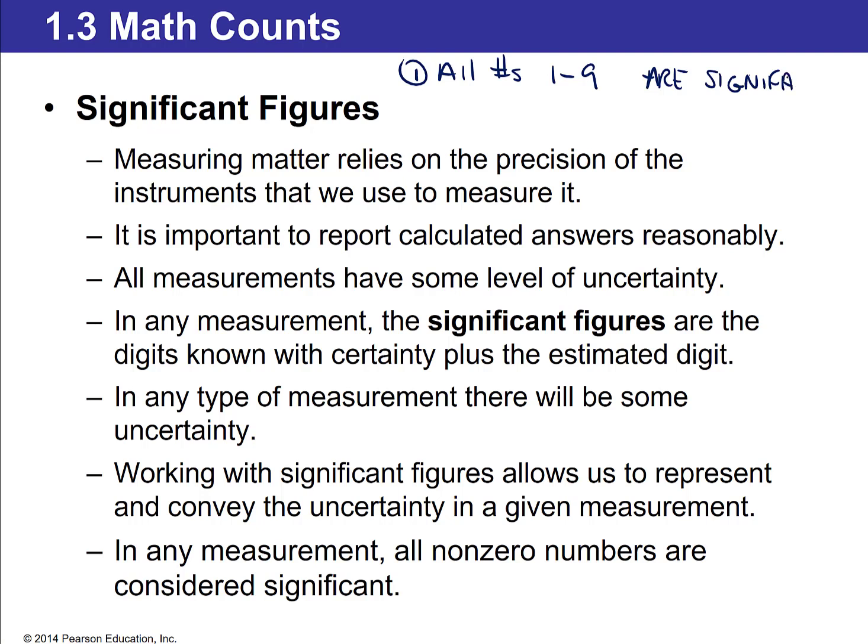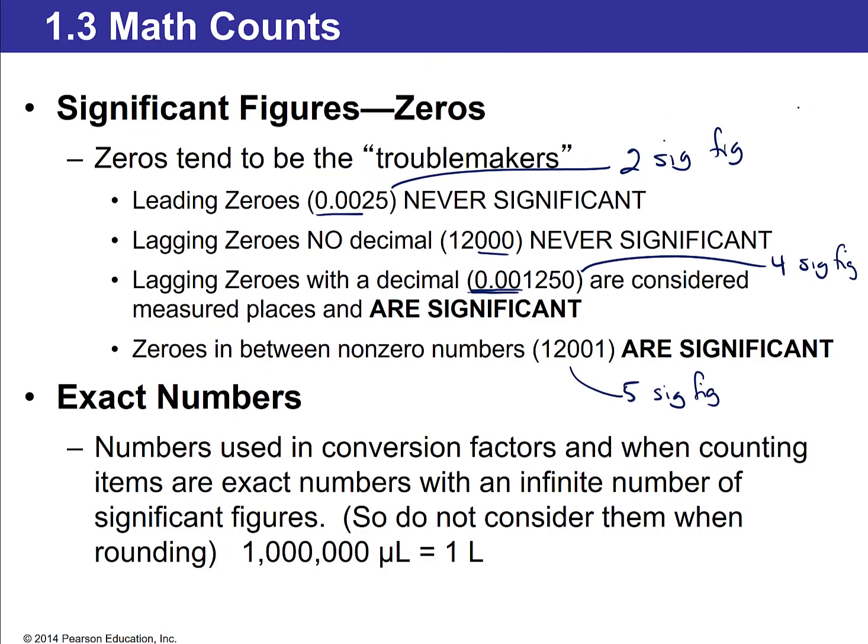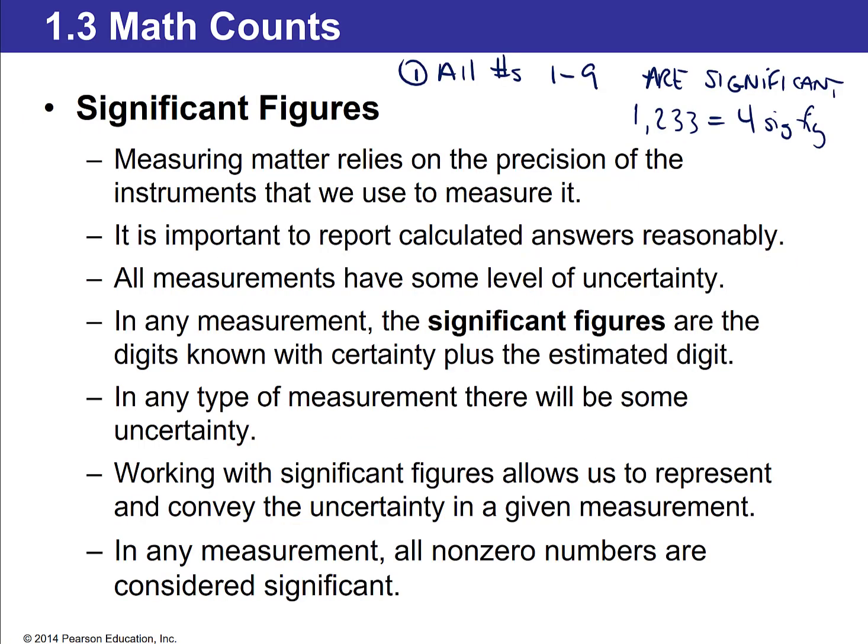So if you see 1,233, that means like you measured 1,230. 3 might be your estimated number, but that's still considered a measured value. So all 4 of those are considered measured and significant. Any number between 1 and 9 is considered a significant number.